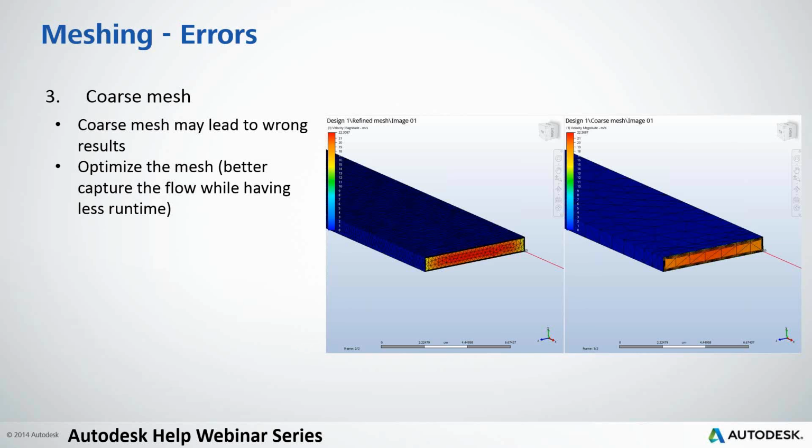I can share the link with you where you can do a mesh convergence study on how to optimize and refine your mesh so that you don't get a long simulation runtime. Do you want me to kick it over to you? We can share it. Okay.